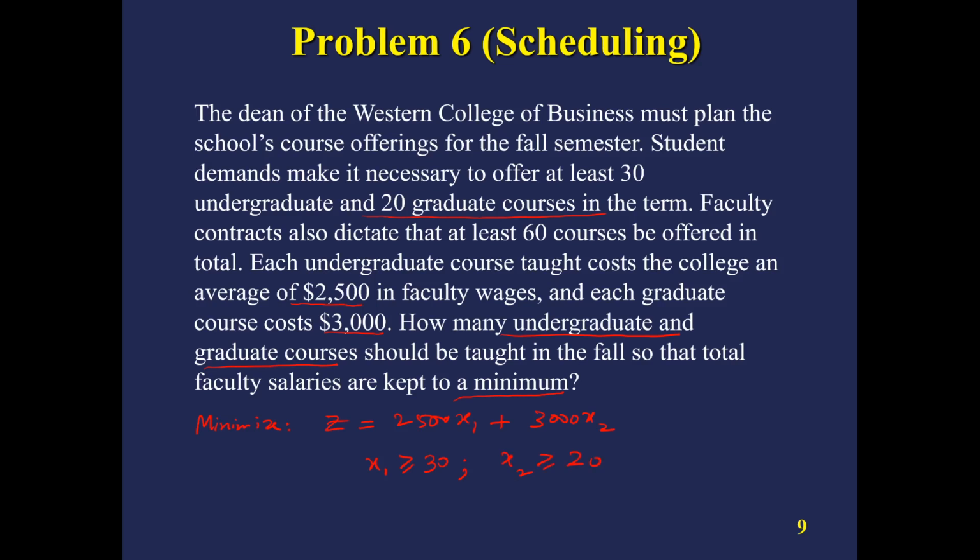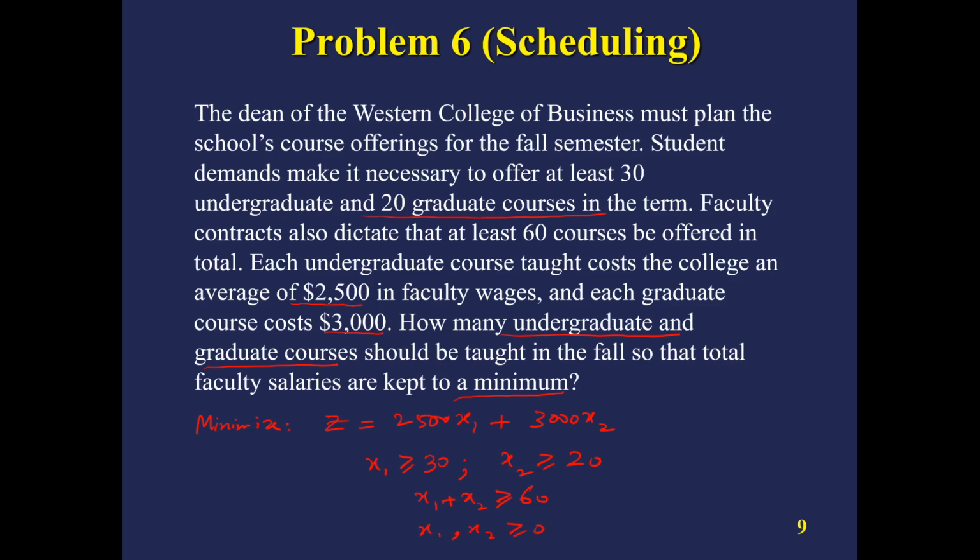Faculty contracts also dictate that at least 60 courses be offered in total, so x1 plus x2 should be greater or equal to 60. That's it. We don't have any other constraint, so x1 and x2 both are greater or equal to 0.